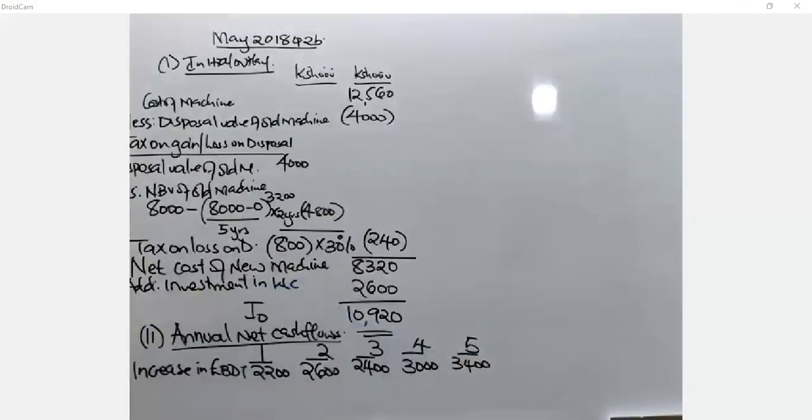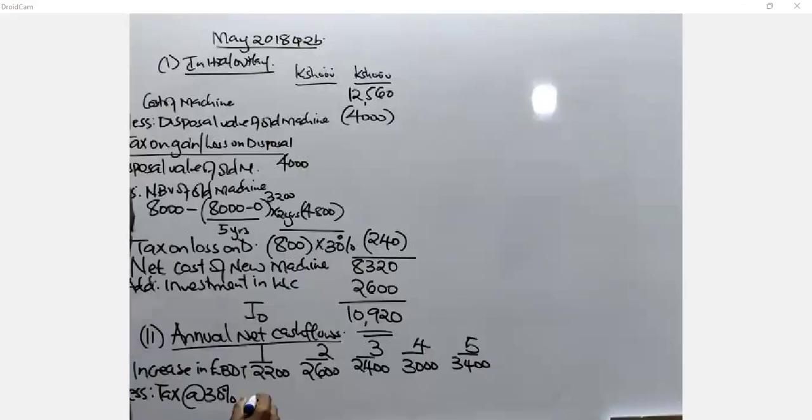Now, once you get that, you need to less your taxes. The tax will be at the rate of 30%. When you reach the advanced level, in most cases, when the tax is not provided, then you cannot put your 30% here.